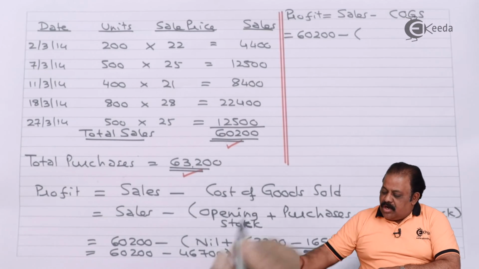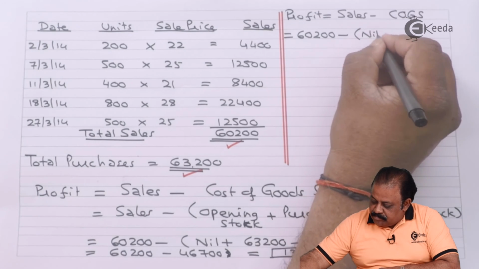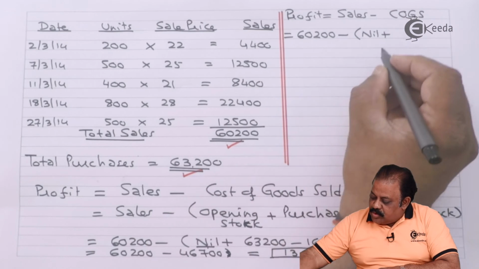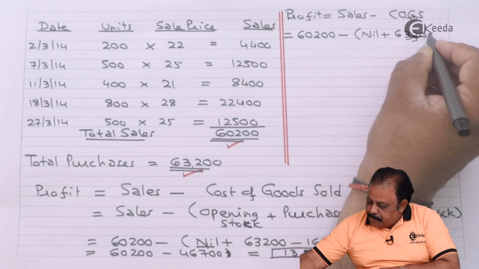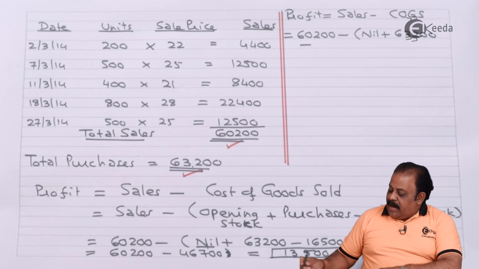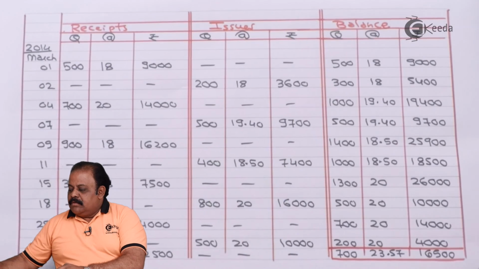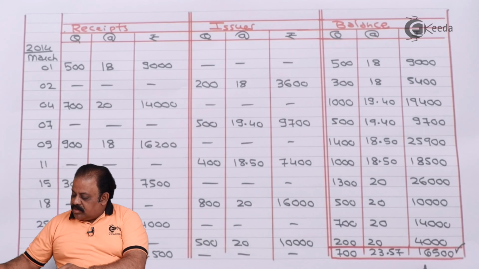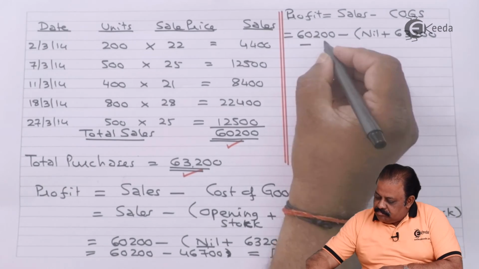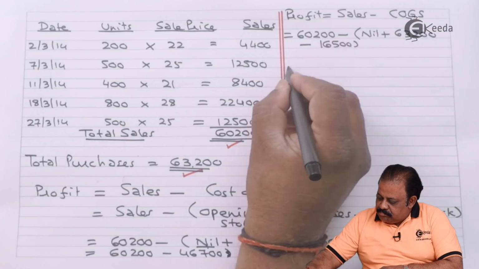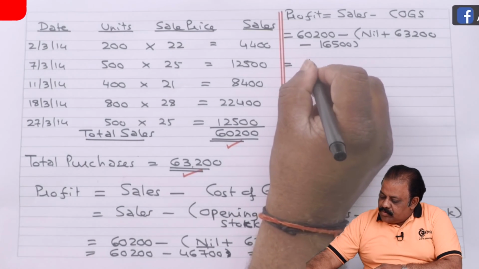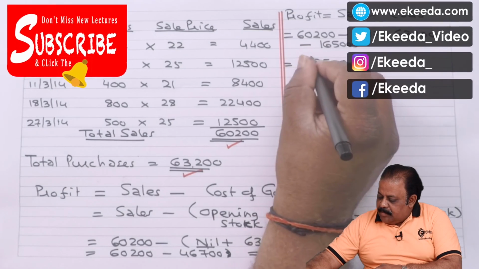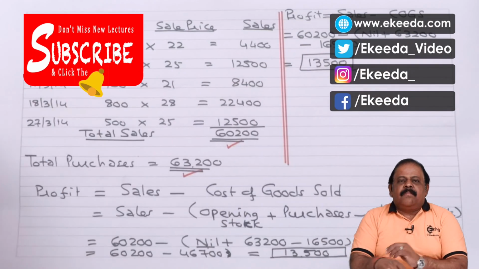We require opening stock. There is no opening stock. Purchases we have to add 63,200 and we are required to minus now closing stock. As per weighted average basis, we have closing stock 16,500. So finally we got profit even under weighted average basis, same amount 13,500.